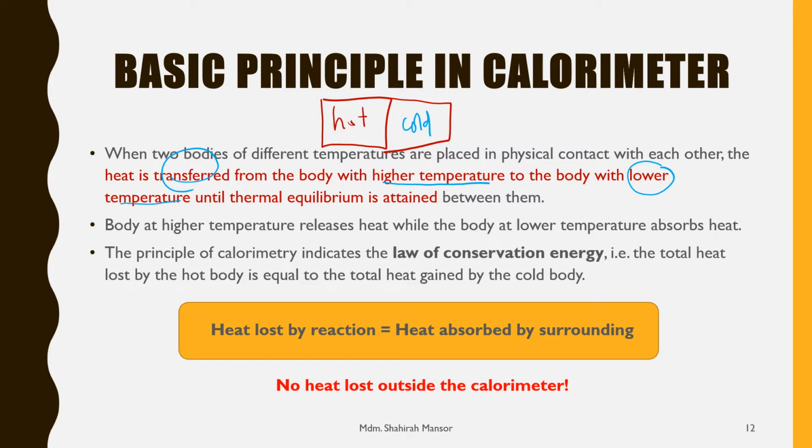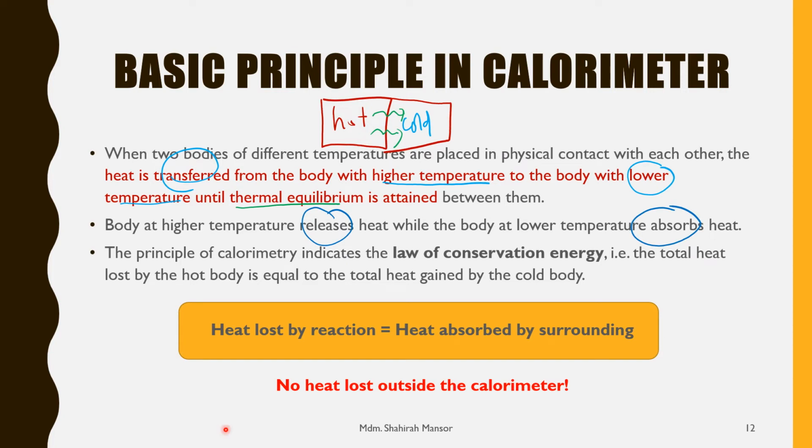So apa yang akan jadi adalah heat will be transferred daripada bekas yang panas kepada bekas yang sejuk, sehinggalah thermal equilibrium is established between them. So the body at high temperature releases heat, while the body at lower temperature will absorb the heat. Okay, so this kind of process akan berlaku apabila kita letakkan bekas yang panas dan sejuk secara sebelah menyebelah.